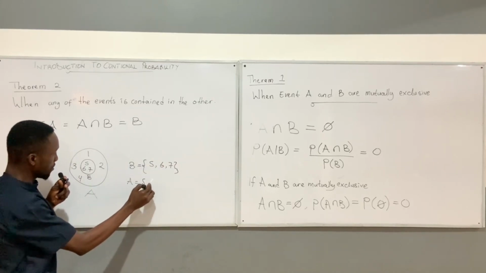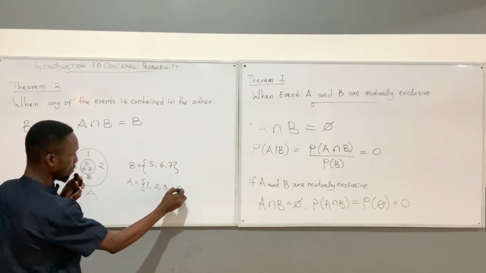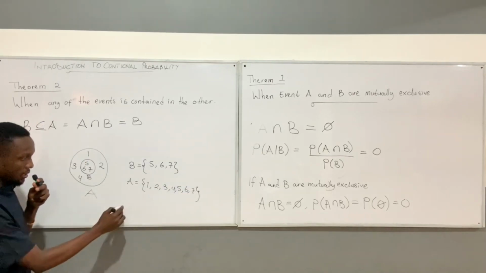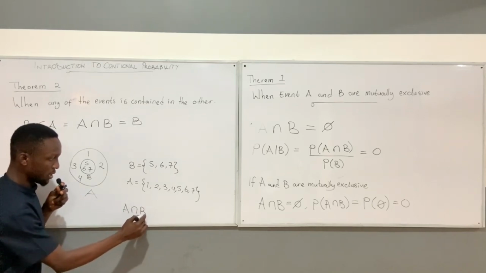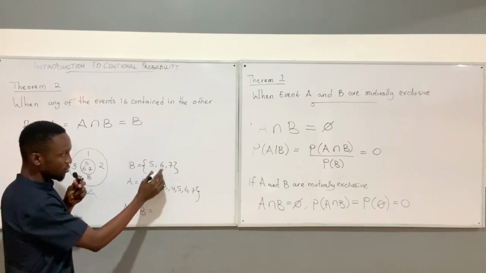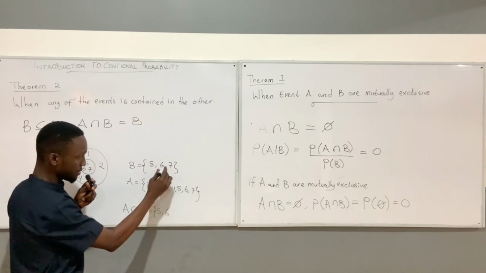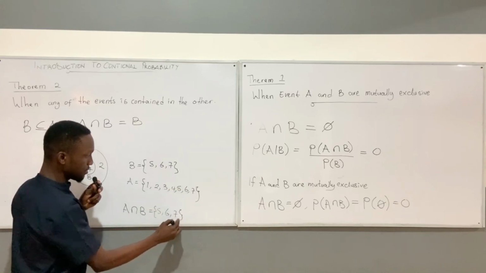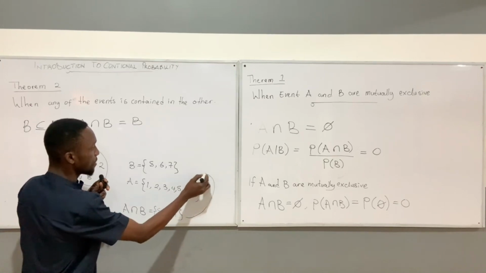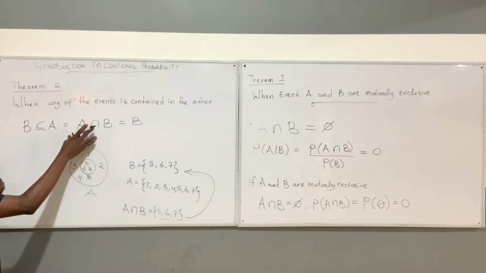We have 1, 2, 3, 4, 5, 6, and 7. Now watch. A intersection B is giving us the members that are here and at the same time here. So we have 5, 5, 6, 6, and 7, 7. So we could see that the result that we have is the same as the members in event B, which explains this reason.